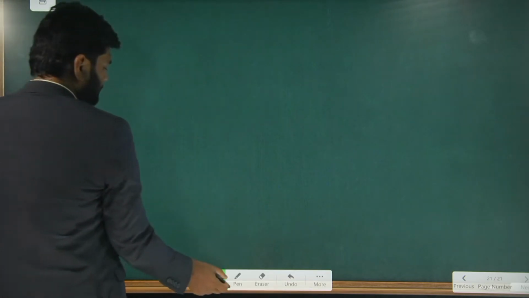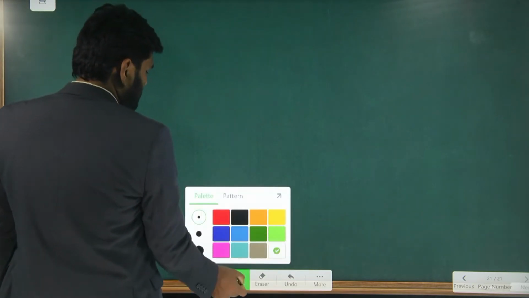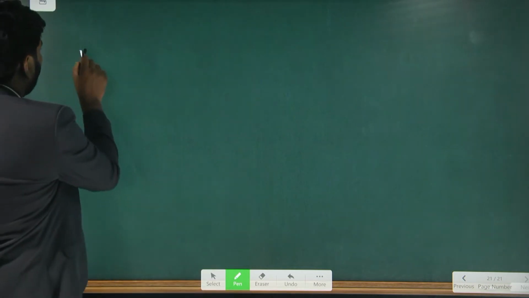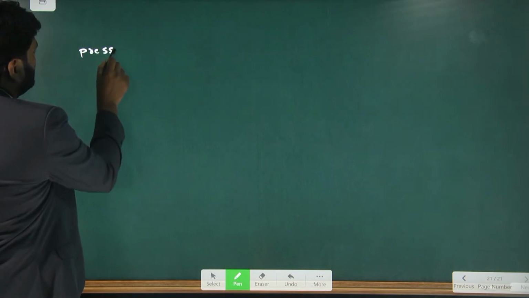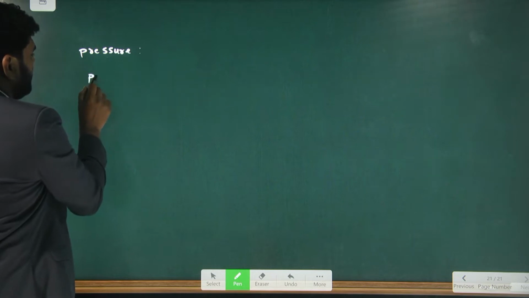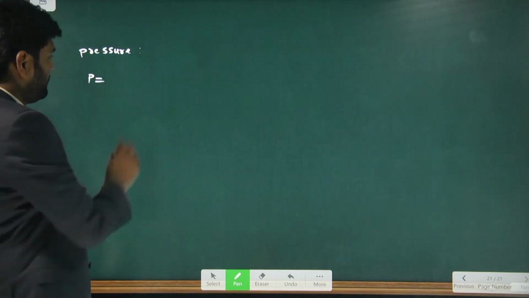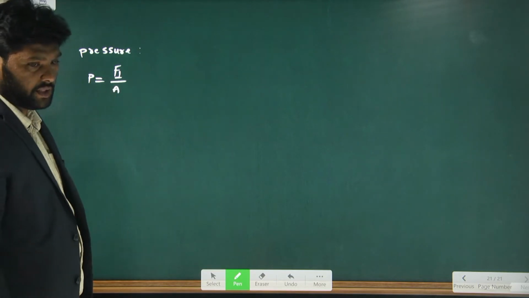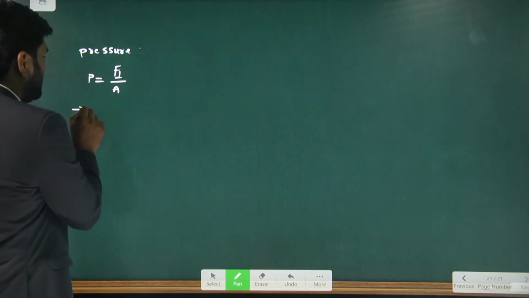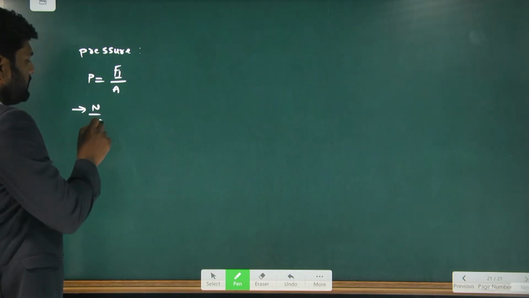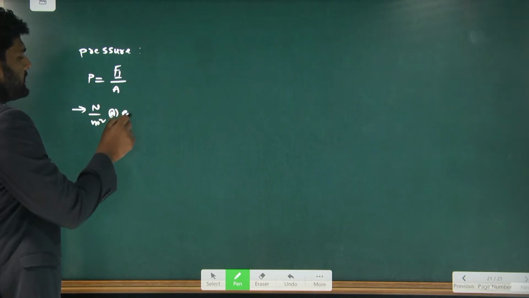First of all, types of pressure. Already in the last class I explained pressure and its formula. Tell me, what is the formula for pressure? P is equal to thrust, force acting per unit area. Its units are Newton per meter square or Pascal.